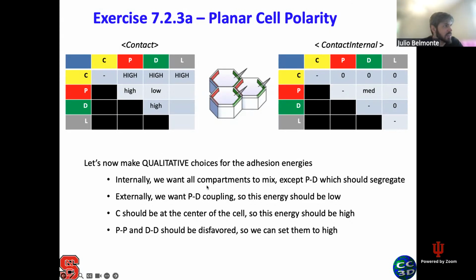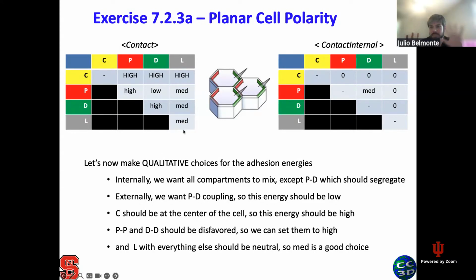So I'll give you my answer. I set this to be all medium, both LL and also LD and LP. So do you know why I did this? I suggest doing this. It's basically because this lateral compartment is just the absence of the proximal and distal proteins that drive the process.